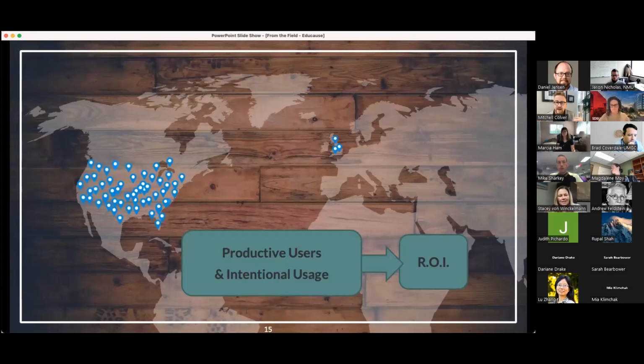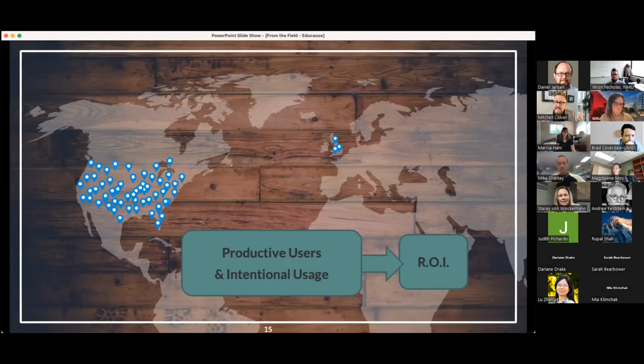My job now is to work with each of those individual customers to look at how productive users and intentional usage link to ROI, and to help them do those calculations, because it turns out almost nobody at any institution is assigned to figure out how productive use of analytics is producing value for the university or the college or the institution. To step aside and actually carry out those ROI assessments is a pretty heavy lift. So I'm kind of like an ROI concierge. That's a basic definition of my job now.